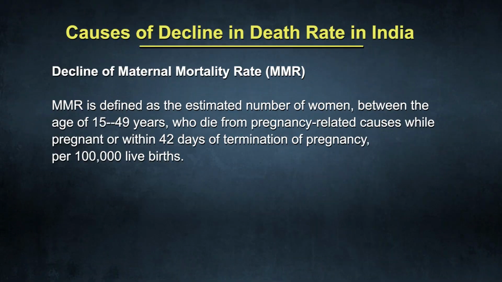This maternal mortality rate is defined as the estimated number of women between the age of 15 to 49 years who die from pregnancy related causes while pregnant or within 42 days of termination of the pregnancy per 1 lakh live births.